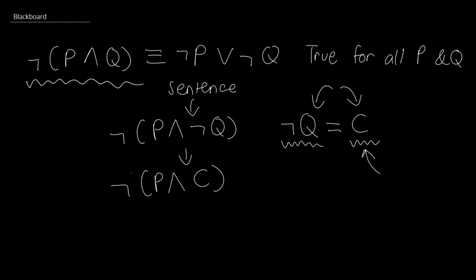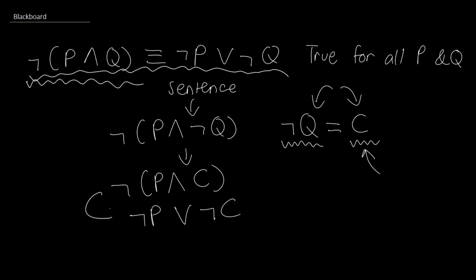And now this looks similar to that, right? And since we have already proven that these two statements are equivalent, then we can just perform the simplification. So this guy turns into this guy. That just means not P or not C, right? So we're just using what we have on the top over here to get from this row to this row.